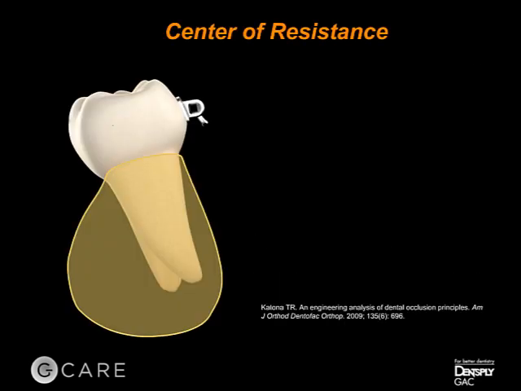So when we're looking at reference positions, the first thing we have to do, if the mandible is not going to change and our mandible is our reference position for the maxilla, is think about where the position of the mandibular teeth is supposed to be. For this, being an engineer, I really like this article by Katona in the AJO in 2009, where he talks about the center of resistance.